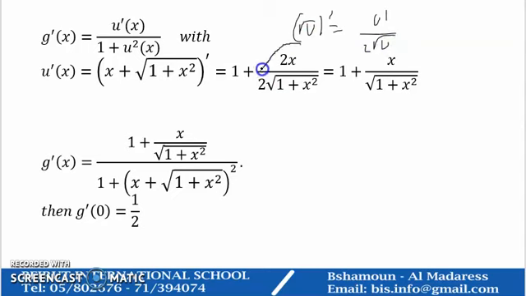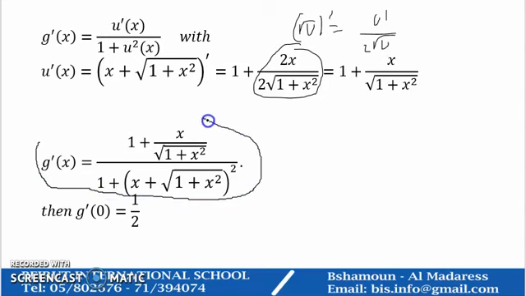So here we use this relation: the derivative will be 2x over 2 times the radical of 1 plus x squared. Then g prime of x, which is u prime over 1 plus u squared, becomes 1 plus x over the radical of 1 plus x squared, over (x plus the radical of 1 plus x squared) all squared. So if we substitute x by 0, we obtain one half, and this is the correct answer.